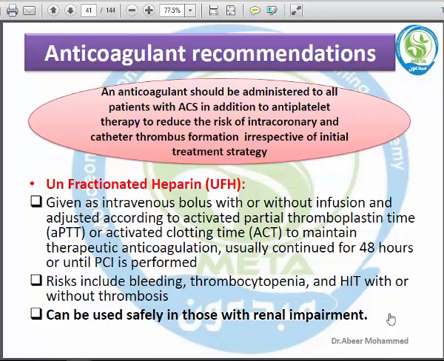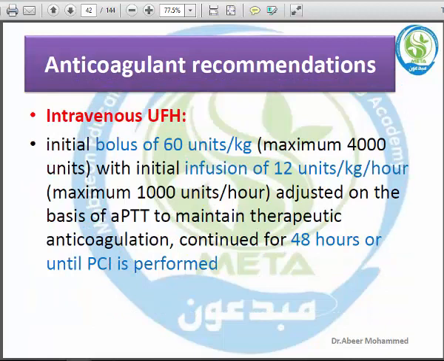The distinctive thing about unfractionated heparin is that it can be used safely in patients with renal impairment, whether acute or chronic. The dose of unfractionated heparin: the patient should receive a bolus dose of 60 units per kg.